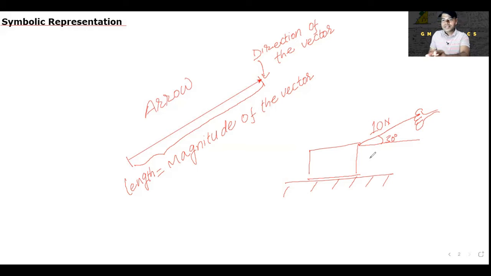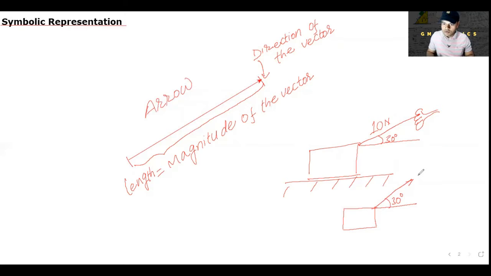So we can represent this vector quantity by using a symbol, by using an arrow. How? Just look at this. Rather than using this string and hand and writing 10 Newton and showing 30 degrees, we can simply make this block and we'll draw an arrow of 10 units at an angle of 30 degrees.